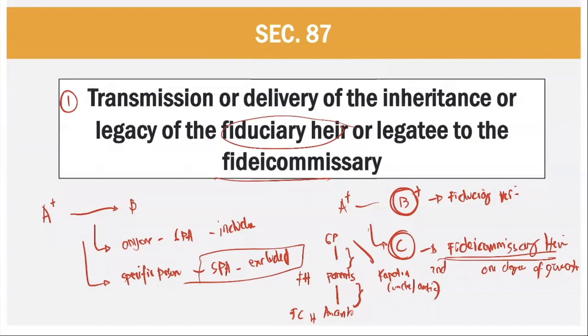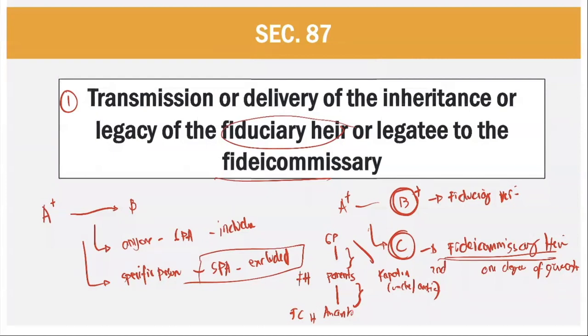Kasi from grandparent, isang move. Grandparent to kapatid, which is your uncle or auntie, another move. So the two movements represent 2 degree. So each movement from a particular heir is considered 1 degree. So from parents to anak, that is considered 1 degree. Sir, how about from my uncle or auntie to me? Okay.